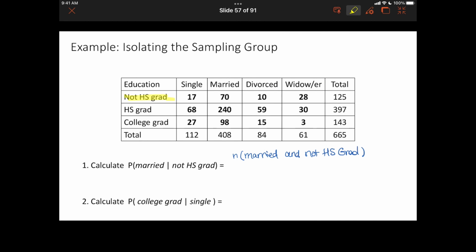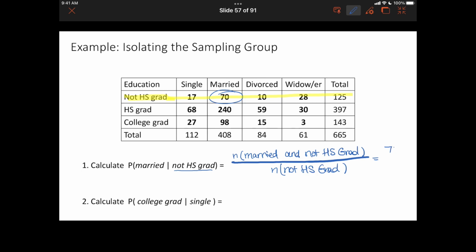Not high school grad. So we want that divided by the number that are after the line, the number in what we are given. So the number that were not high school grads. Okay, so what is that? Married and not high school grad is this entry here, the entry that corresponds to not high school grad and married.